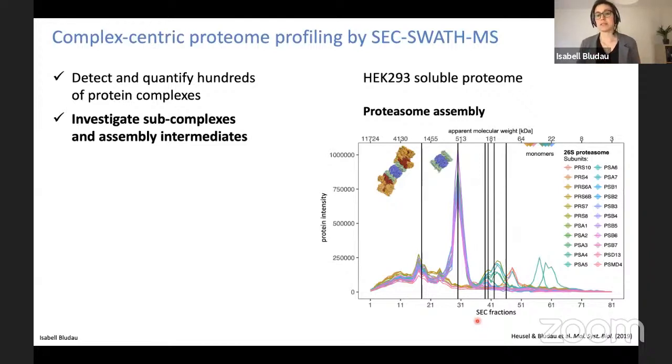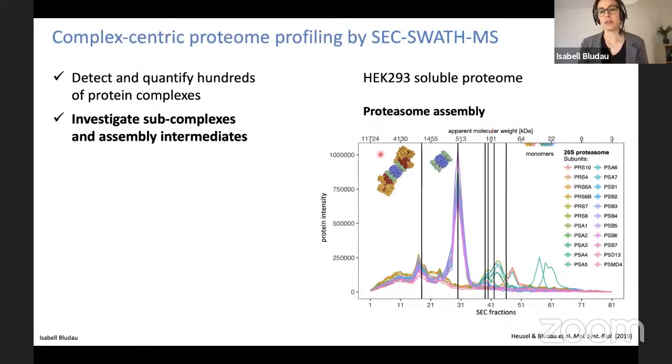assembly intermediates. And here what you can see in this figure are the protein subunits of the proteasome. So I'd like to take some time to explain this figure. On the x-axis, you see the SEC fractions from 1 to 81, and they correspond roughly to a molecular weight.